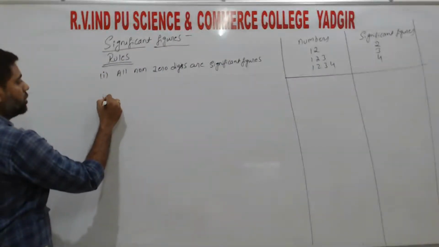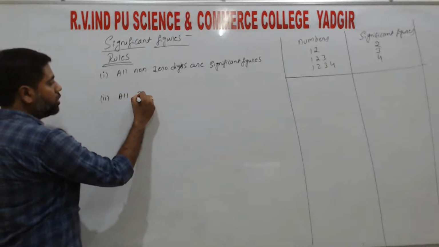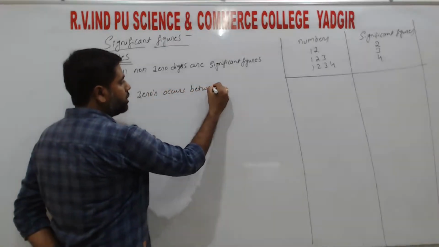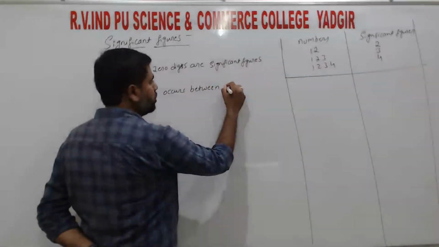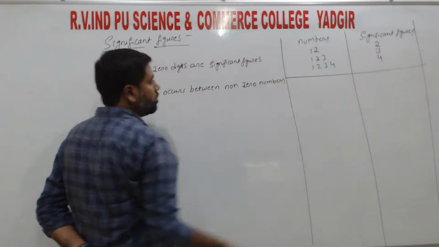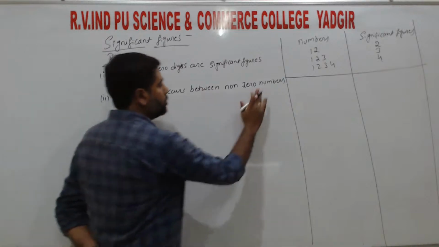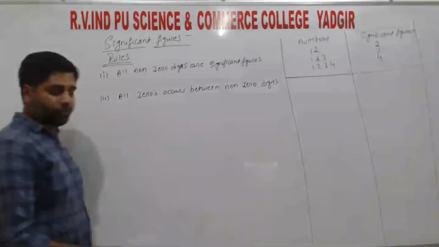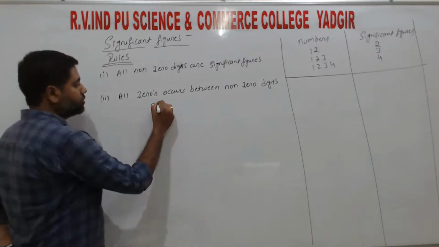Next, the second rule. What does the second rule say? All zeros that occur between non-zero numbers or non-zero digits are significant figures.